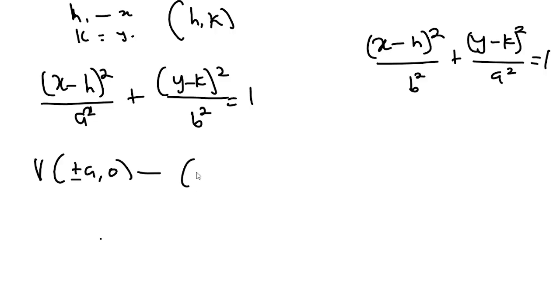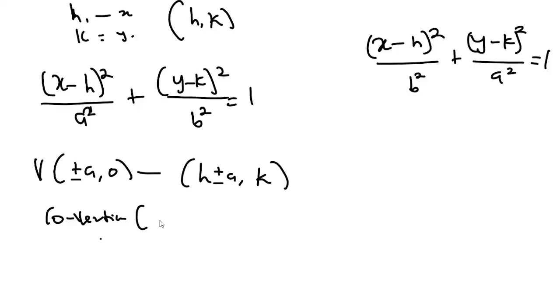I want to get our vertices being (h plus or minus a, k). You see that when you add, that coordinate which was 0 becomes k.